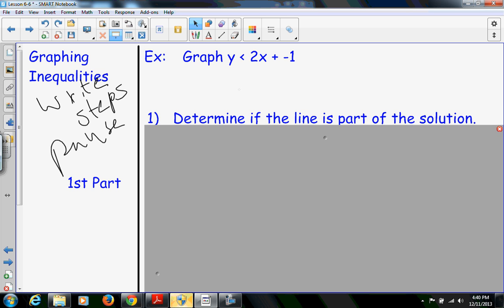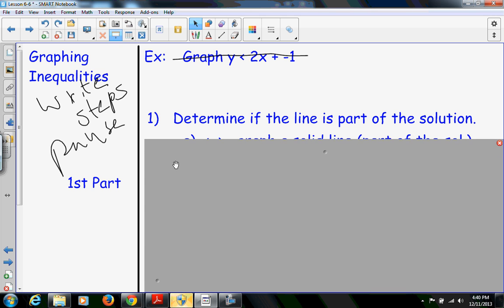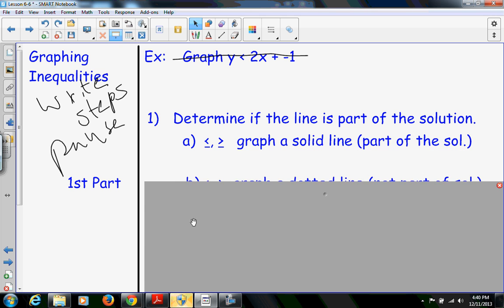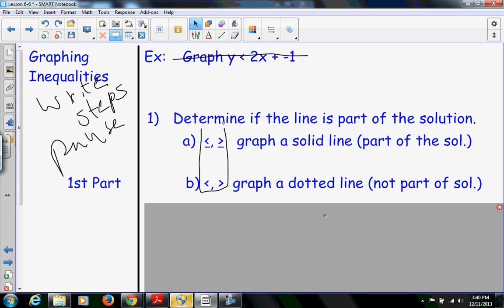Okay, and we're not going to do this right off the bat. The first thing we want to do is determine if the line is part of the solution. What that involves is looking at each of these symbols. If I have a less than or equal to or greater than or equal to symbol, that means I graph a solid line.